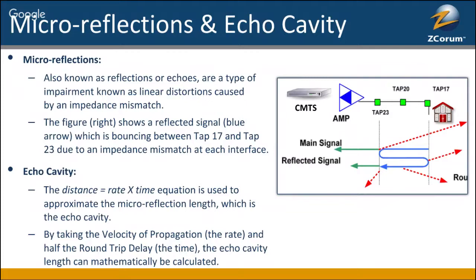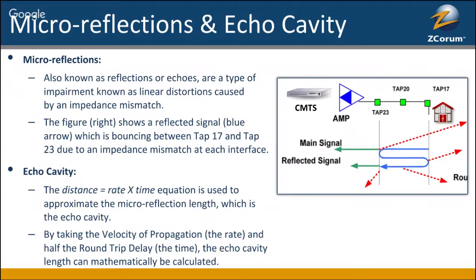So what we have here is the following. In the image in the upper right, we see the house to the right of tap 17. Let's assume that this modem is transmitting back towards the left to its parent, the CMTS. The signal is characterized by the green arrow, called main signal. It traverses through tap 17, comes out, goes left, goes through tap 20, and then when it hits the input of tap 23, we see that there is an impedance mismatch in this example.